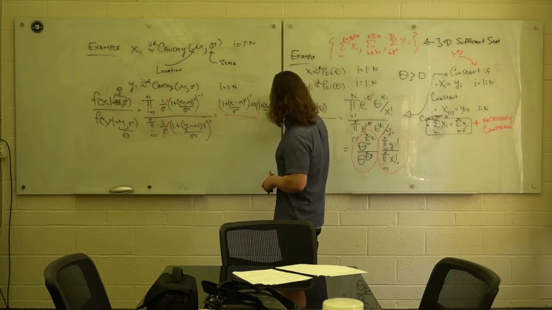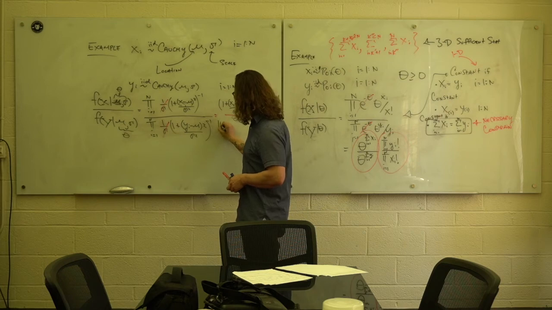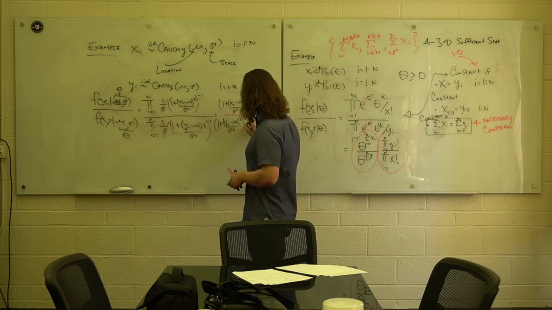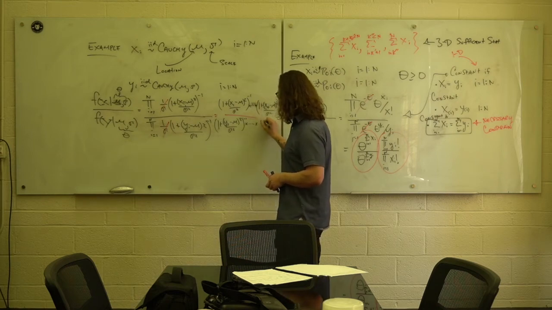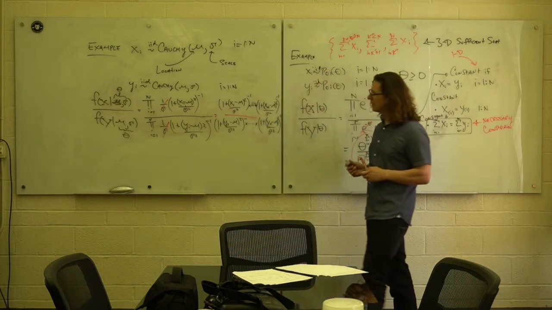This is raised to the minus 1 there. So multiplication. And something similar over here, 1 plus y1 minus mu squared over sigma squared to the minus 1 times dot, dot, dot, all the way out here. And this is raised to the minus 1 power.